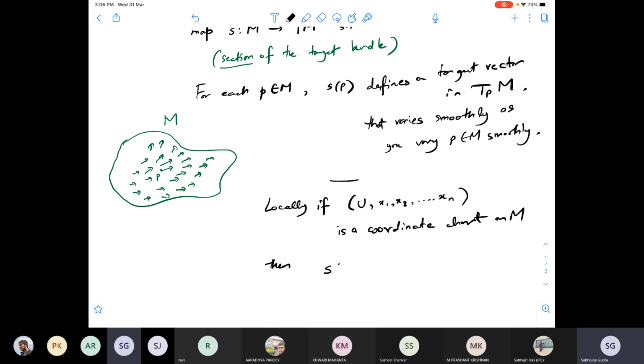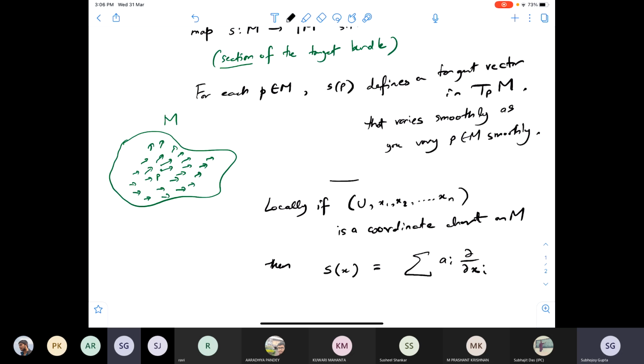what would this section look like? Well, this vector field at every point is a linear combination of these coordinate vectors. Remember that's what we saw earlier.